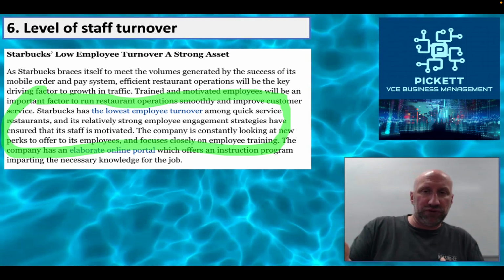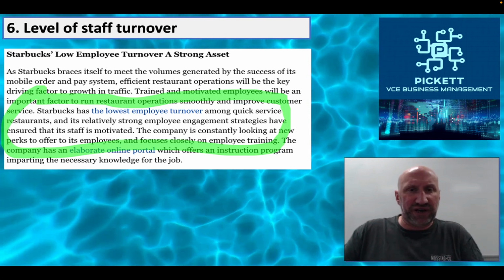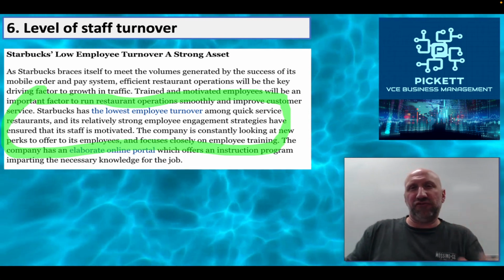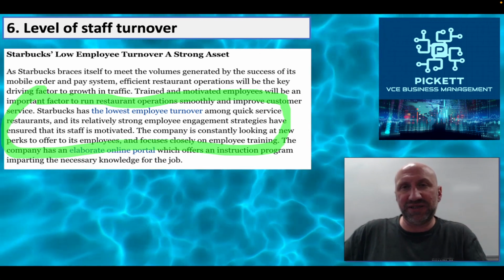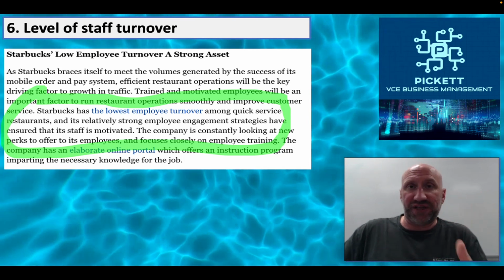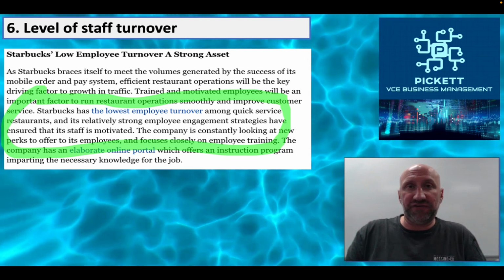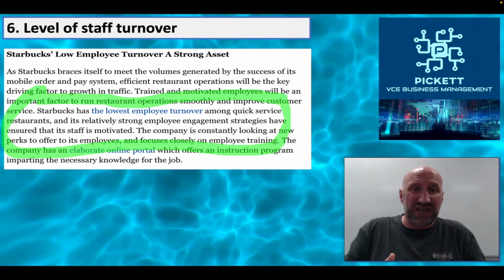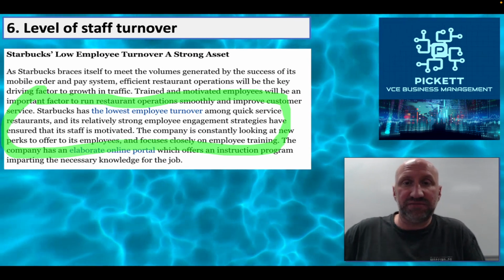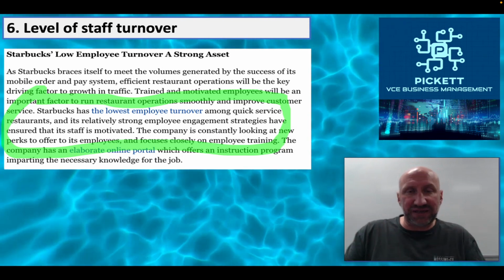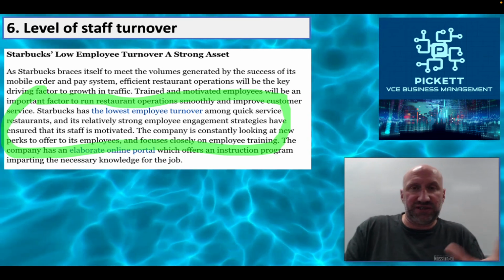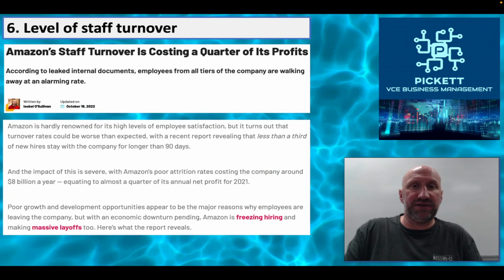They have an online portal which offers a lot of their training. So they have a real bunch of strategies in place that look after their staff, so that first off, they can attract the best staff, and then those staff stay with them, clearly because they have the lowest staff turnover in that sector. So it's just an example of how this can be a benefit to the business.